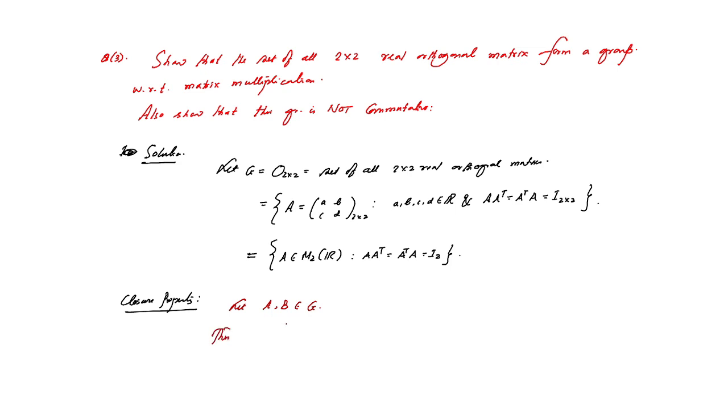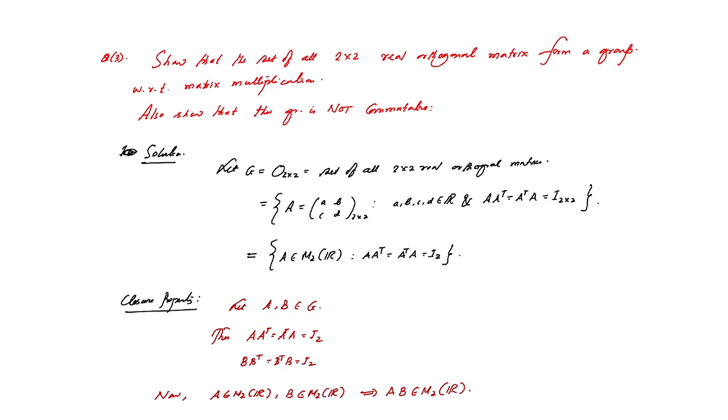Since A, B belong to G and G contains the set of all 2 cross 2 orthogonal matrices, A transpose A equals identity, and B transpose B will also be identity. Now, since A belongs to M2R, B is also a 2 cross 2 matrix where the entries are real numbers. If we multiply AB, AB is obviously a matrix of order 2 cross 2 and all the entries must be real numbers.